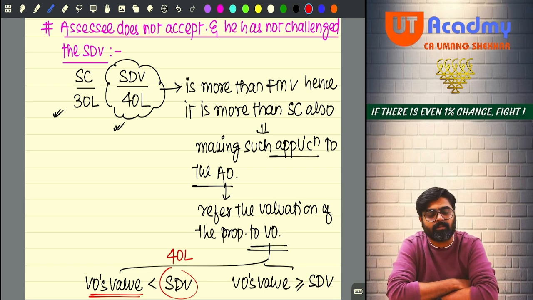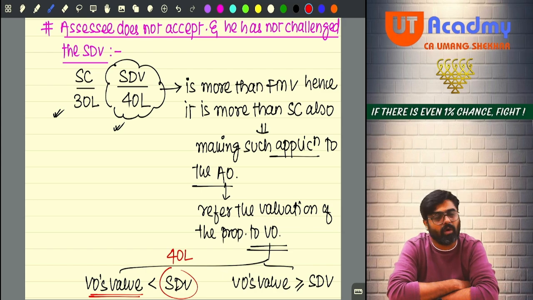So don't harass me by making me pay tax on a higher stamp duty value. If my value of the property in the market is lower, why are you harassing me by making me pay tax on a higher sum? Yes or no? If you don't believe me, get the property's valuation done. You will come to know what is right, what is wrong.